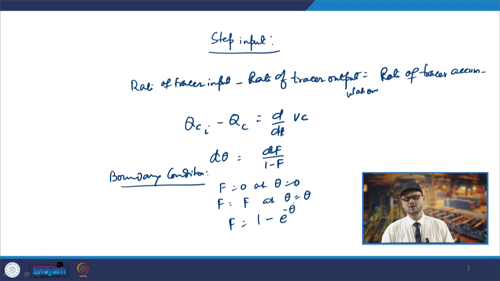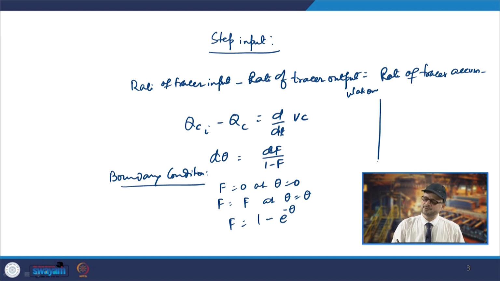So, this curve which you get will give you the F curve for the well mixed flow. If you draw the well mixed flow curve, it will look like 1 minus e raised to the power minus theta, so this will be an exponential curve.